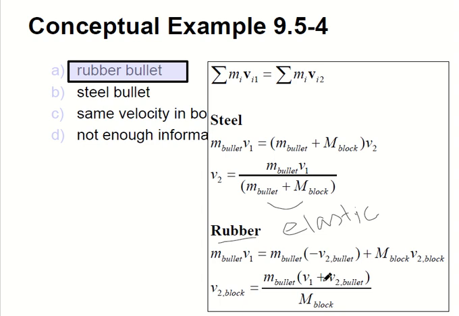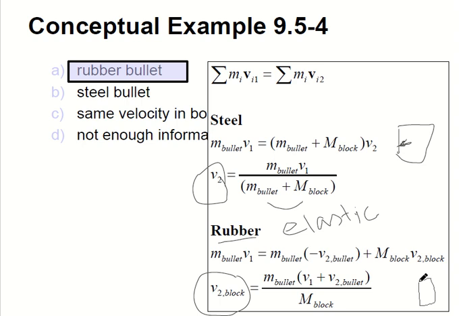So you have this bullet velocity coming out, divided by the mass of the block. This is just an impact to it, and you will be able to get the velocity of the block. It's a little bit different from this one, where the steel bullet and the block are together.